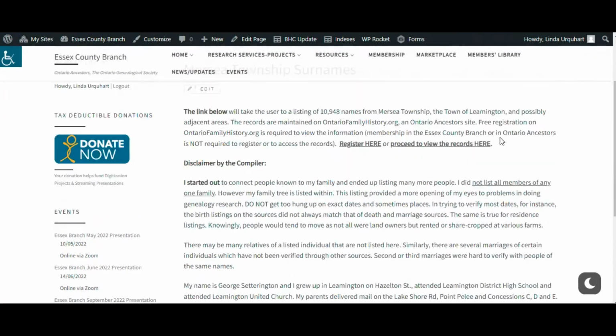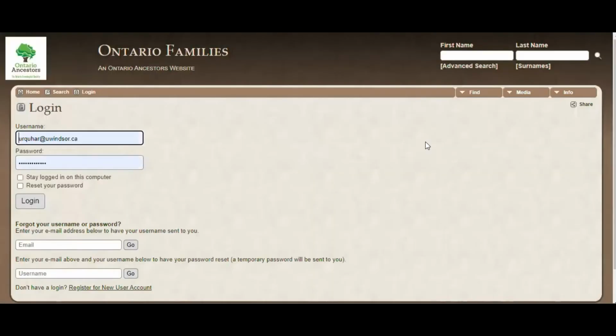If you wanted to look at what he's developed, first it takes you to this page, which is called the Ontario Families page. And first you have to create your account.